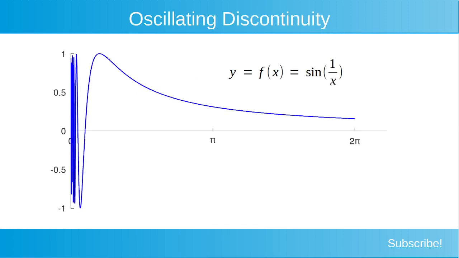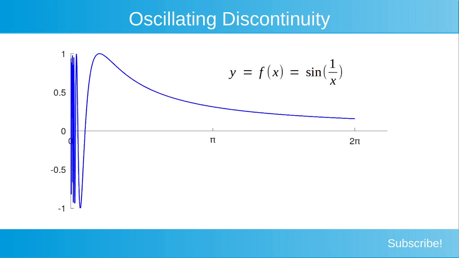This is an example of another type of discontinuity referred to as an oscillating discontinuity. Here we have the function y is equal to f of x is equal to sine 1 over x. If we look at the point where x is equal to 0, the right-hand limit as x approaches 0 of our function f of x does not exist, because as our value of x gets closer and closer to 0 from the positive side, our function value oscillates at an ever-increasing rate.